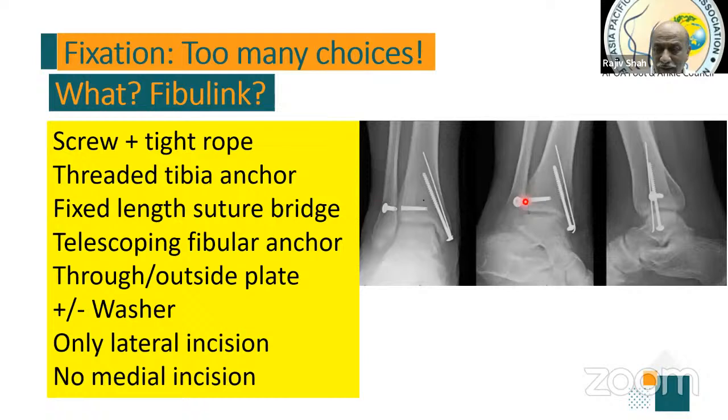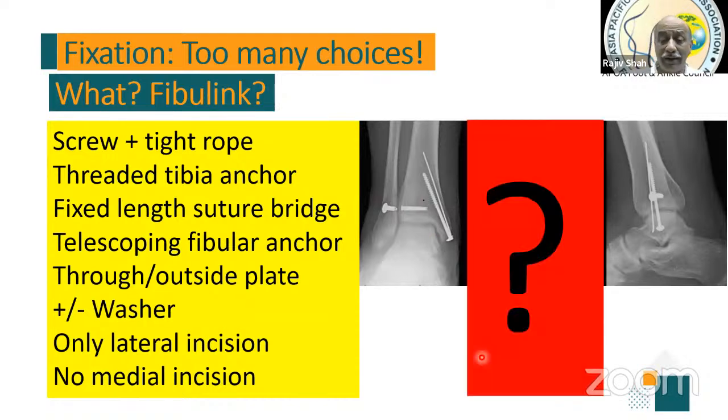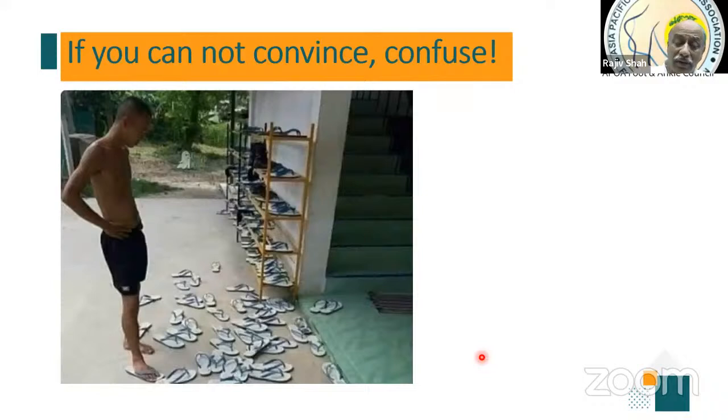Herein you have a tightrope and telescoping fibular anchor which is put in through the plate or outside the plate, with or without washer. You don't need a medial incision, only a lateral incision. So there is a screw plus tightrope. Both combination is Fibulink which Synthes has made.